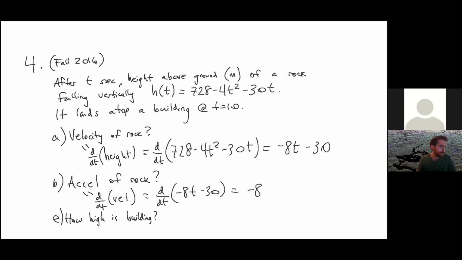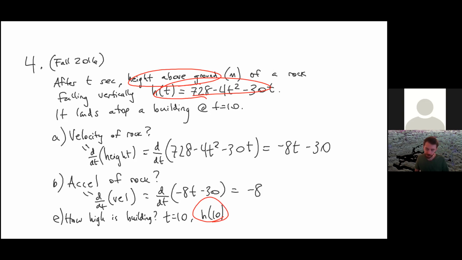Well, if we know that it hits the building at time t equals 10, then we should be able to get away with just plugging 10 into the height, assuming the height function was relative to the ground, and I think it is. Right, this is height above ground. That means the top of the building is h of 10.